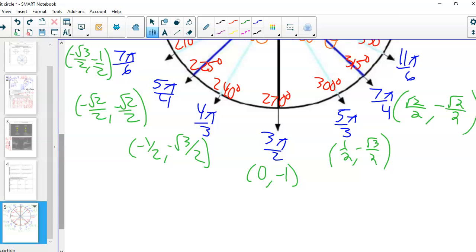And then 330, 360 minus 330 is 30, so looking at your 30 degrees, cosine is positive.